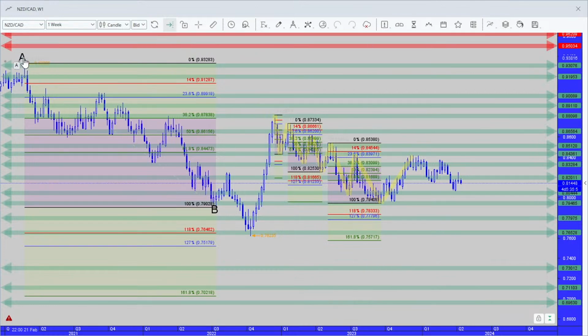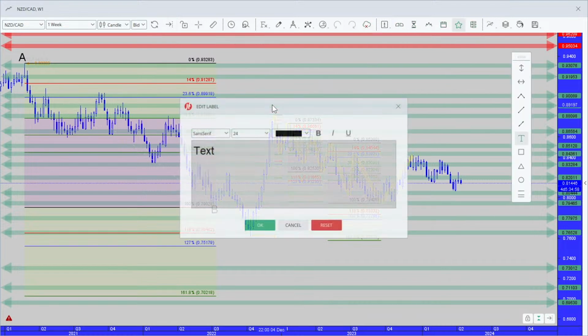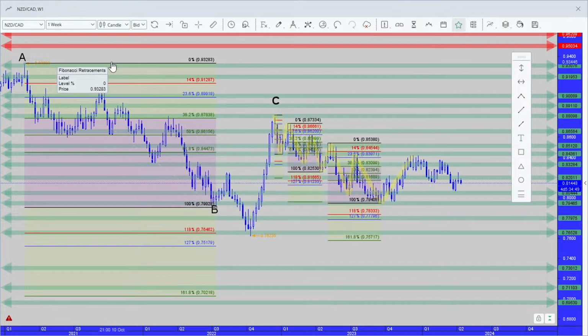So we have the ABC, capital C. There you go, we have the big Fibonacci, capital A, capital B, capital C from the weekly chart.